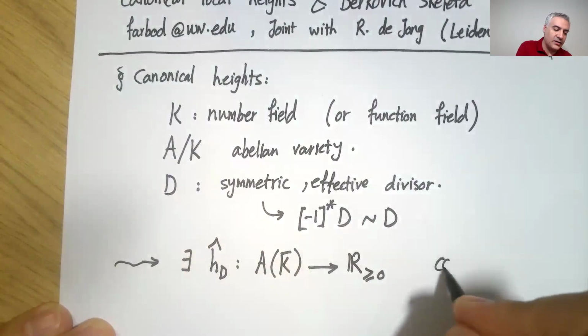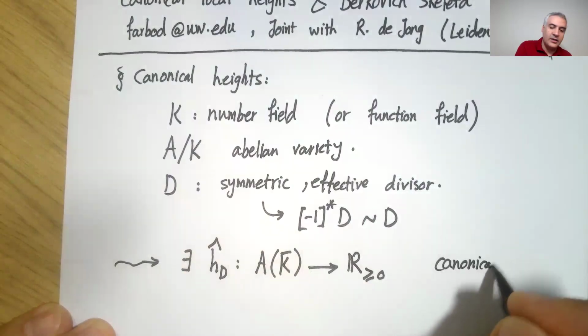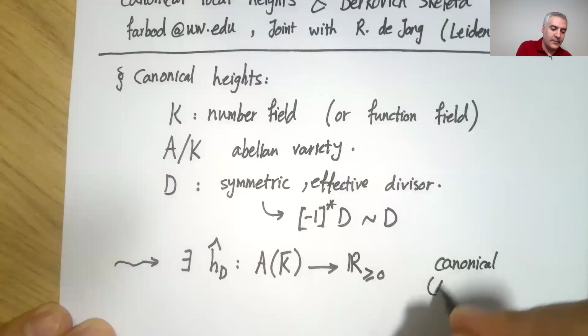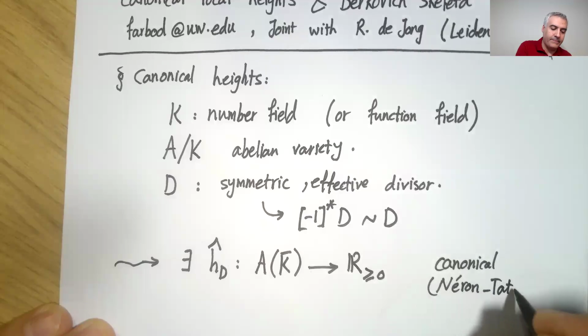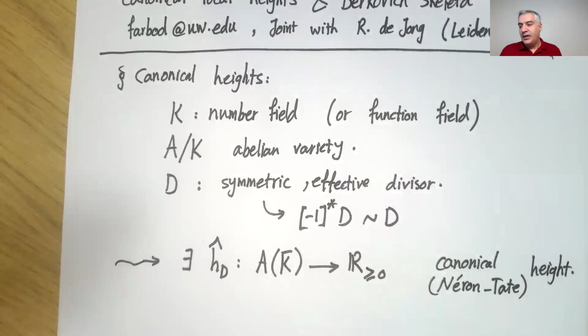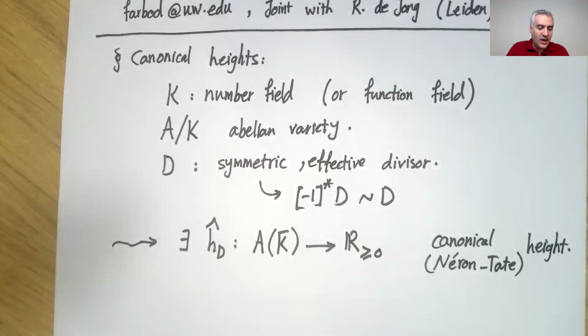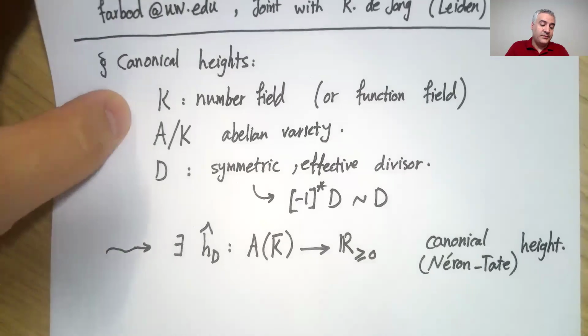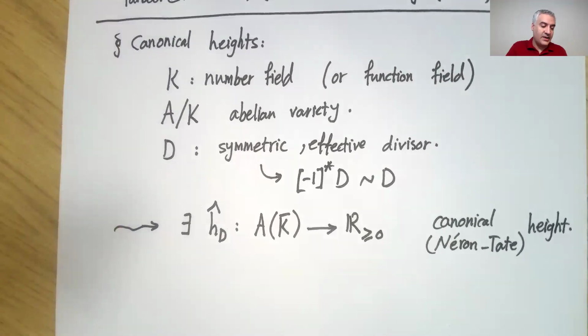This is the canonical or Néron-Tate height, and it is an important function. Generally, the theory of heights is useful in finiteness questions. It captures the complexity of points, or of more higher dimensional objects. But in the case of abelian varieties, because we have the addition, you have an even nicer height function.